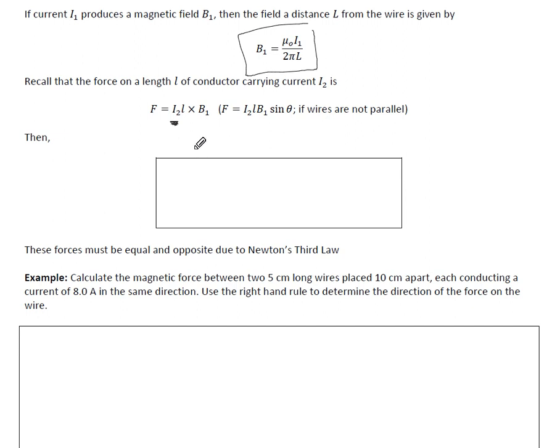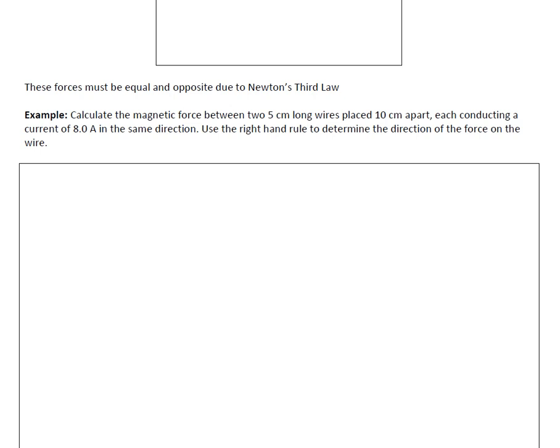So if we combine these two equations together, we can see our force is equal to, just going to substitute that B right in there, mu naught L I1 I2 over 2 pi L. So this will give us the force that one of the wires experiences. Again, if you find the force of one, you know the other must be the same because of Newton's third law.